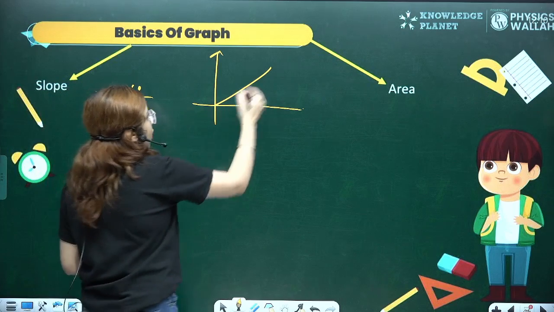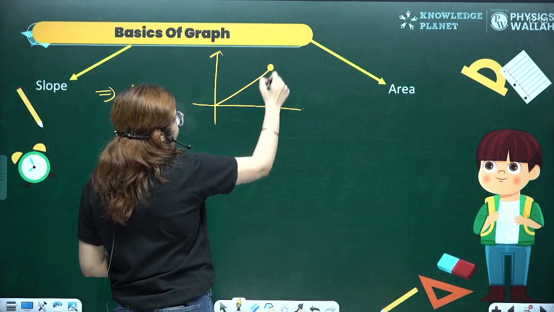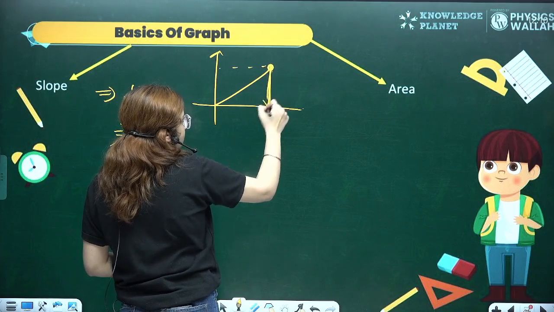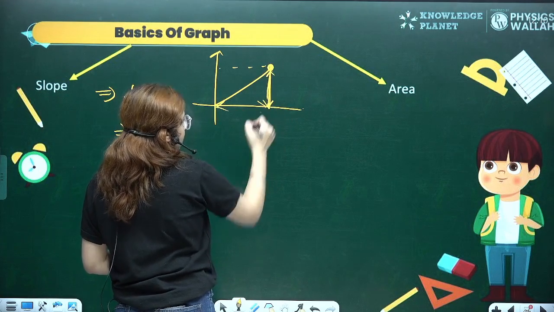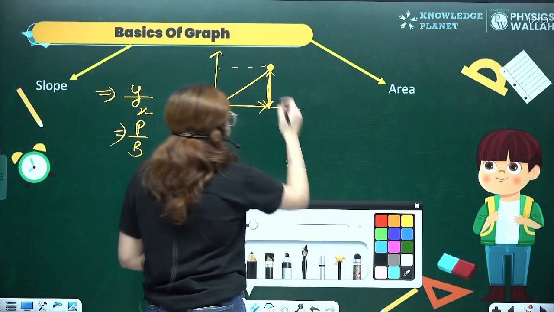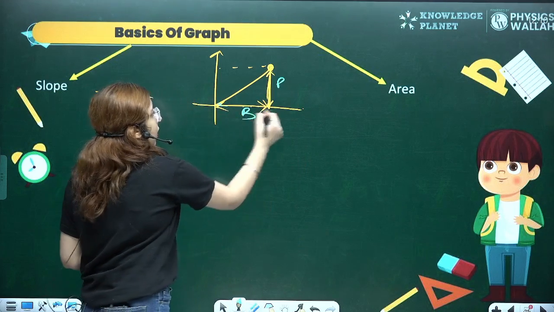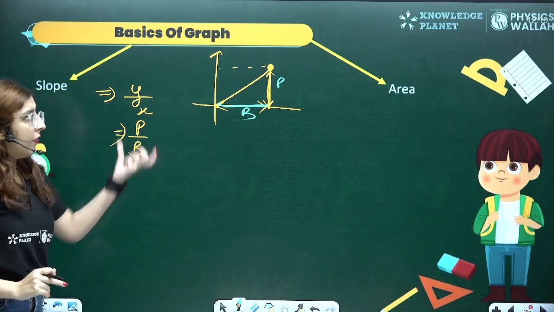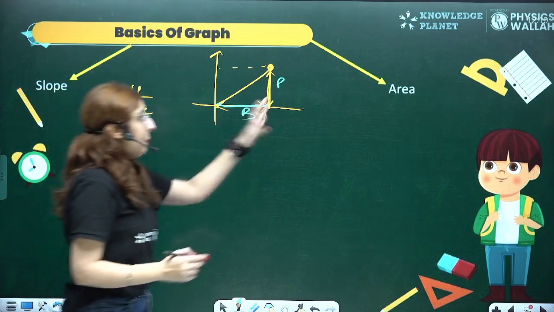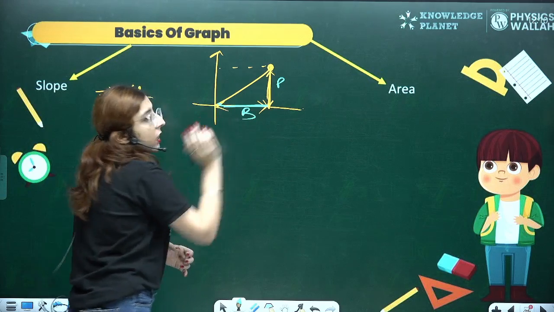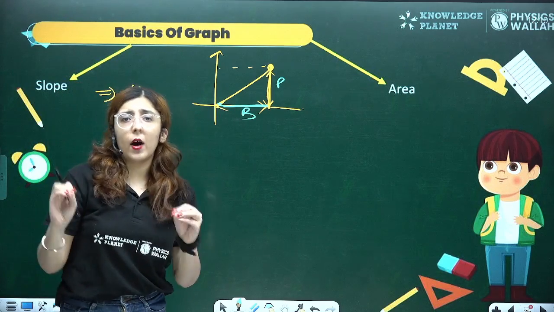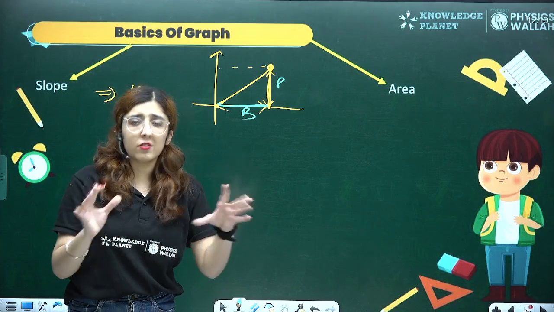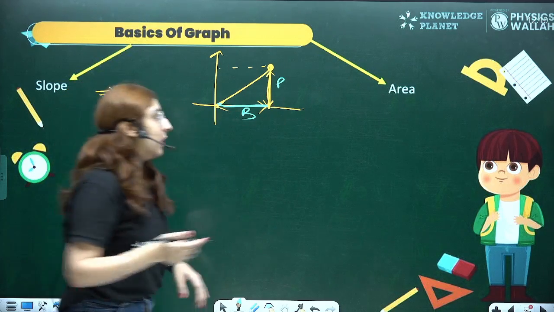So either y component by x component or perpendicular by base. Moreover, area will be found by the area under the curve. Whatever shape you are able to see, trapezium, rectangle, square, triangle, you just need to find the area under the curve.